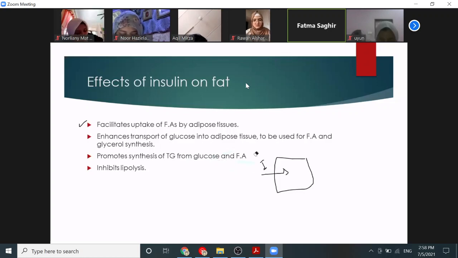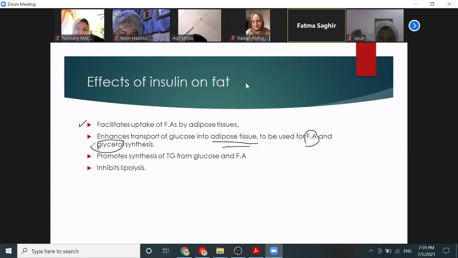Okay, so one of you already mentioned adipose tissue. So glucose will be used, or taken up, also by adipose tissue. Then glucose itself is like an ingredient for adipose tissue to produce fatty acid and glycerol. Fatty acid and glycerol.